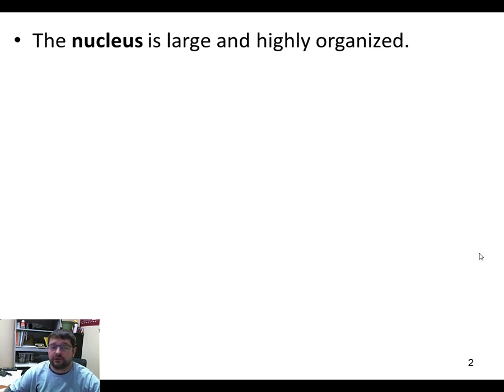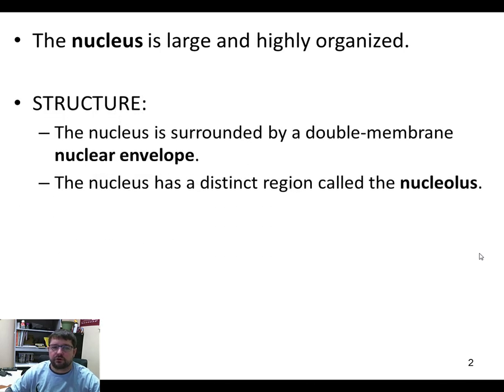So the nucleus, okay, is probably the most well-recognized organelle in eukaryotes. Remember, prokaryotes do not have organelles, and they don't have a nucleus. Okay? That doesn't mean they don't have DNA. Prokaryotes do have DNA. Okay? They just don't have membrane-bound DNA sources.